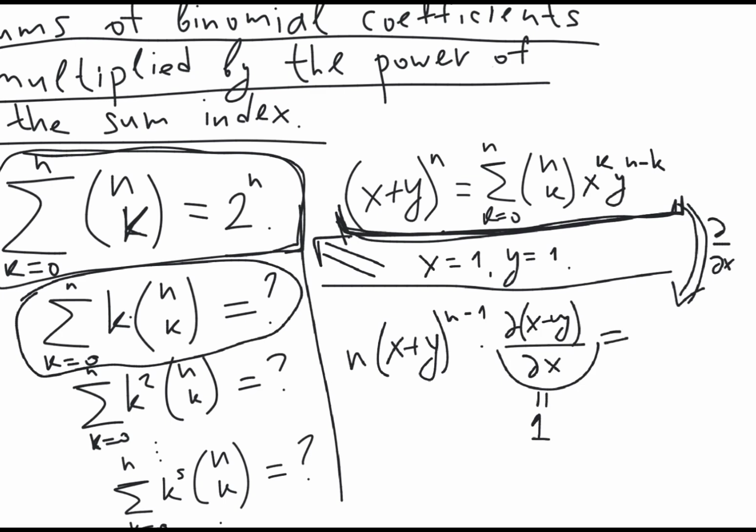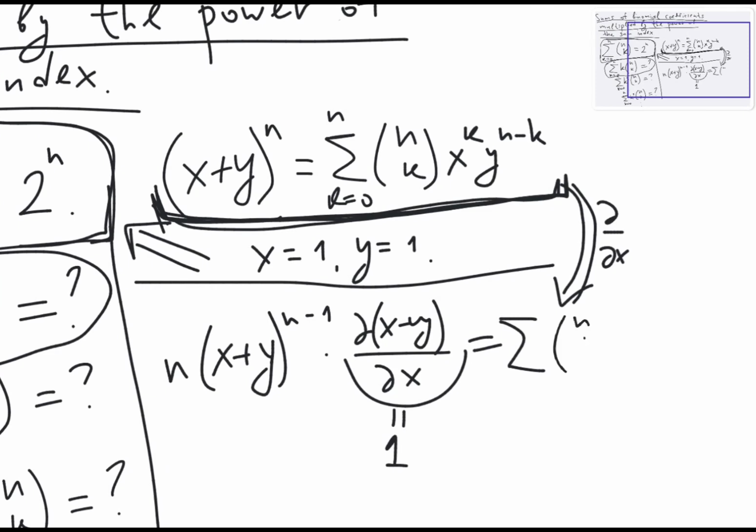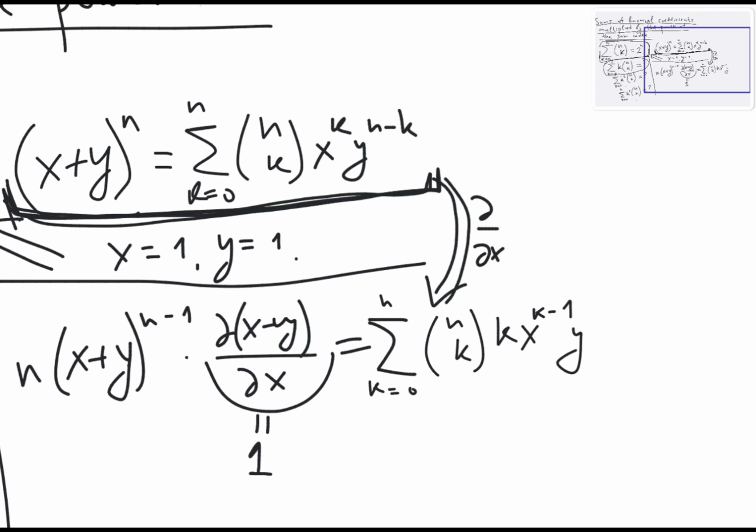And on the right hand side we have the sum of the binomial coefficient, and here we have the derivative by x, so it's k x to the power k minus 1, and y remains as is because y does not depend on x.